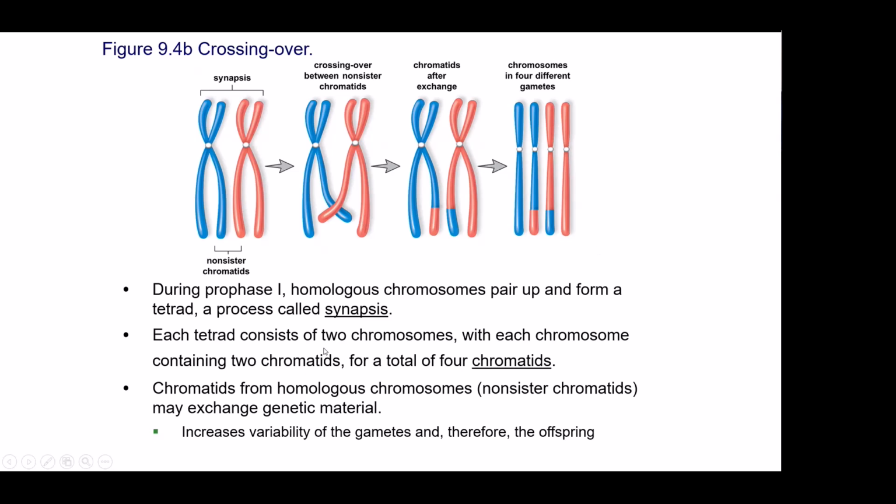During prophase 1, the homologous chromosomes pair up and form the tetrad. We call this synapsis. Each tetrad has 2 homologous chromosomes, each containing 2 chromatids, for a total of 4 chromatids. The non-sister chromatids will exchange genetic material, increasing variation.